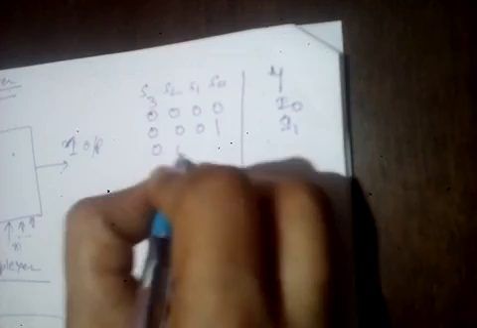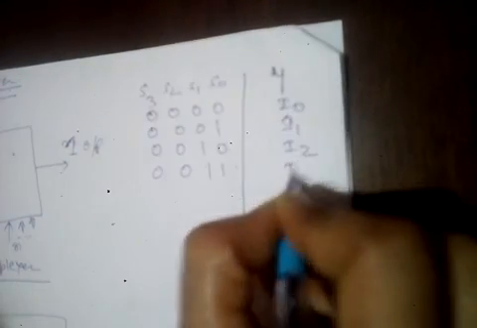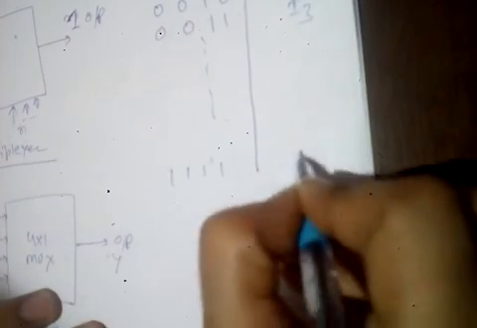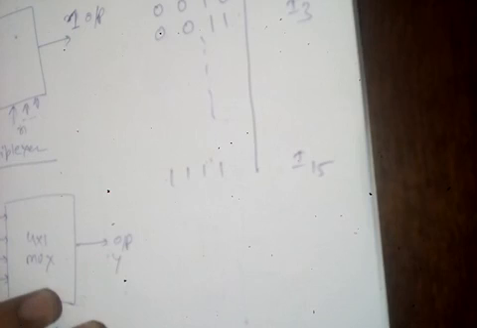The truth table of 16 by 1 mux will have 4 selection lines S0, S1, S2 and S3, and 1 output Y. Based on the combination of these selection lines, the output will be connected to one input at a time: 0 0 0 1 I1, 0 0 1 0 I2, 0 0 1 1 I3, and so on, up to 1 1 1 1, that is I15.